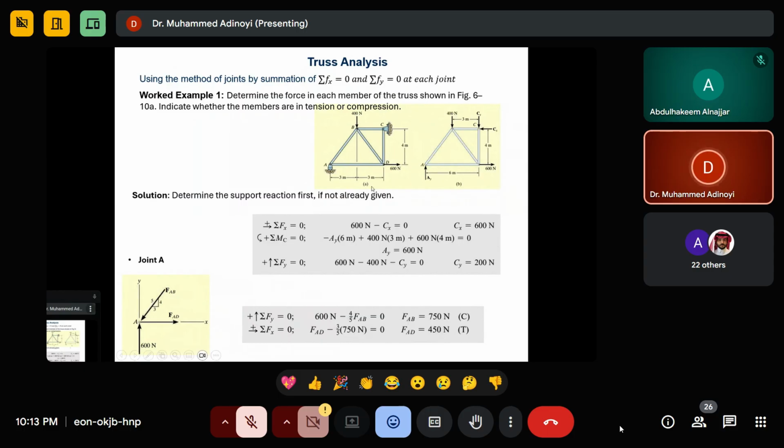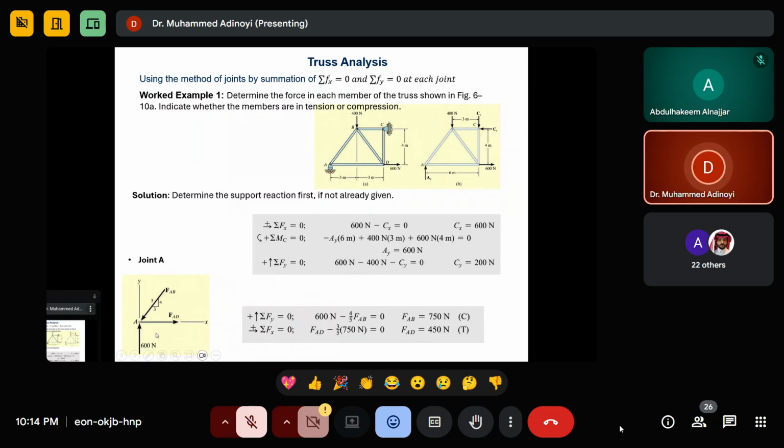The logic I'm applying here is that since I know this force is 600 Newton, any force that is going to counter it to be in equilibrium should be pointing downward. I cannot have two forces pointing in the same direction to be in equilibrium, unless both forces are zero.